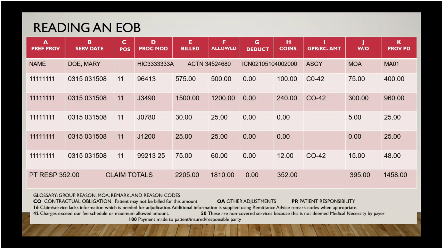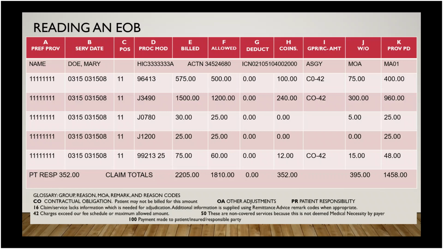The name of the person is Mary Doe. The healthcare number, as far as the account number, is 345-24680. And then you have your other encounter as well as additional information.